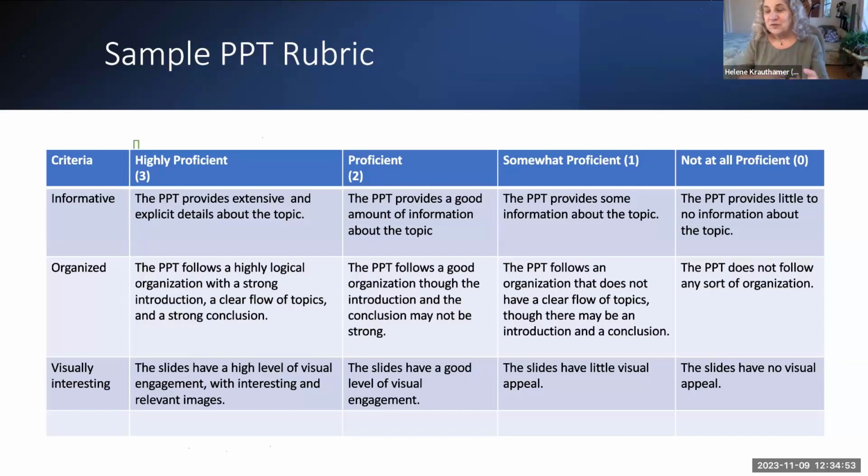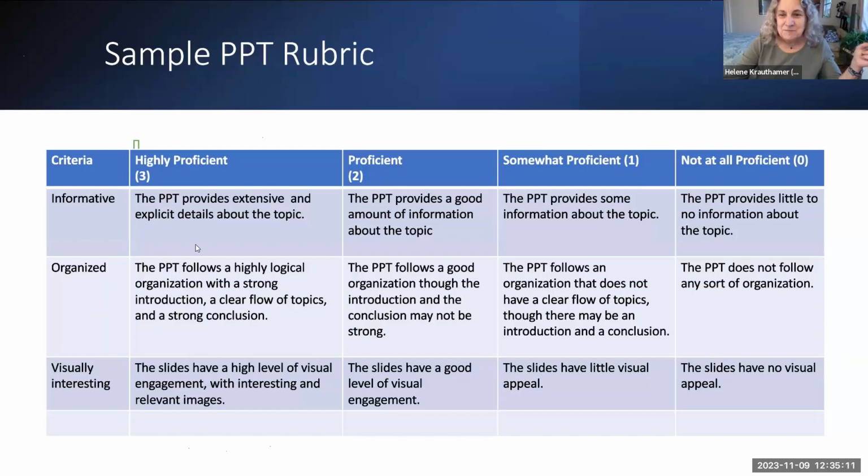The more they have to do with the research paper, the more I feel like it's their own work. So we can look at this one later, but informative, organized, visually interesting, that's only three categories.